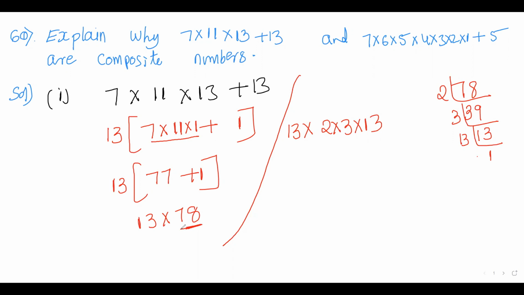Then we multiply by 13, which gives two 13s: 13 into 13 is 13 squared. So the number is 2 into 3 into 13 squared. So we are able to express the given number as a product of primes.